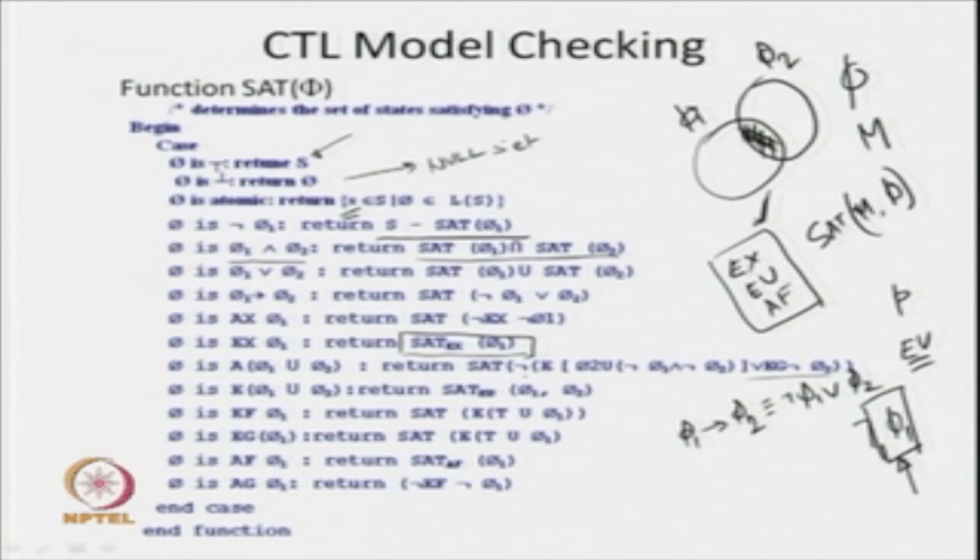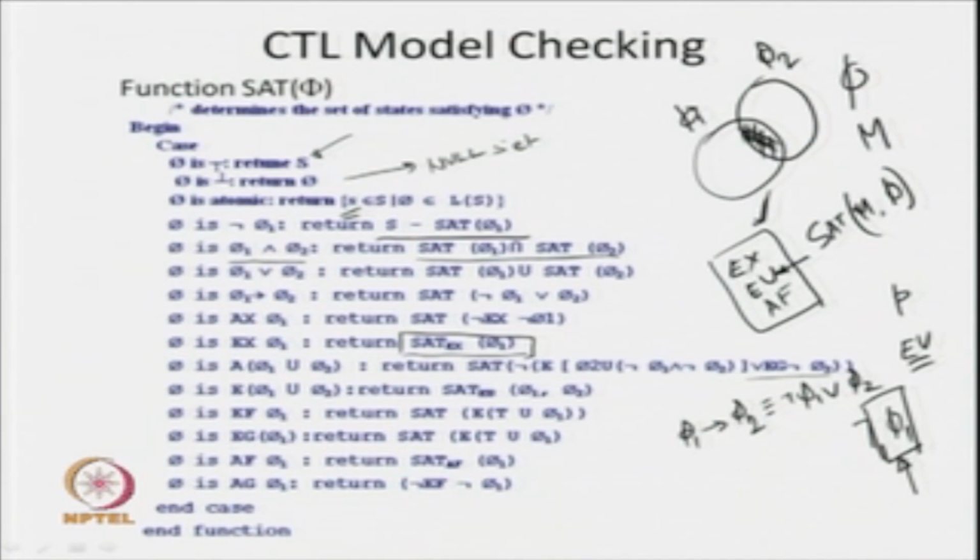Okay. Now, when my input formula phi is E phi 1 until phi 2, then we are going to return satisfiability E u phi 1 comma phi 2. That means, we need a method for this particular operator E u, because it is in my minimal set of operators.